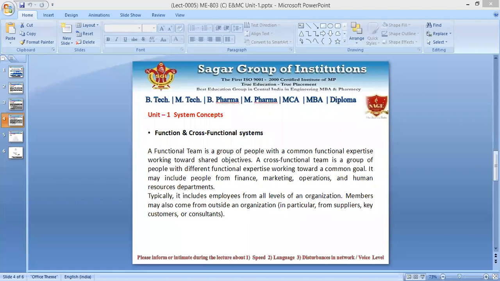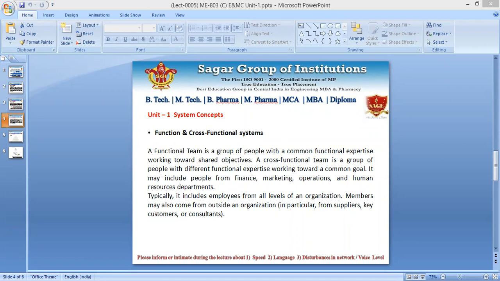All the leaders of those functional teams will form a team that is called cross functional team, which supervises the work status of that particular project which is going on, or which is going to come down to the manufacturing system.